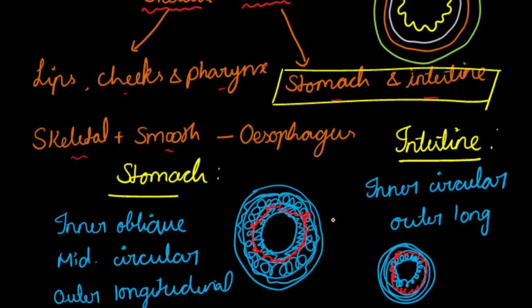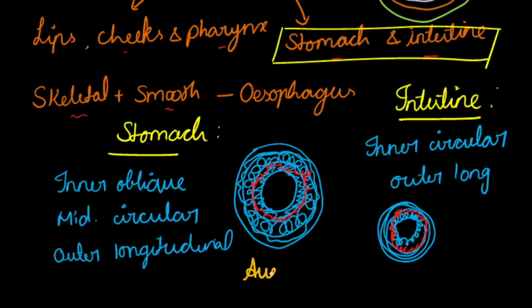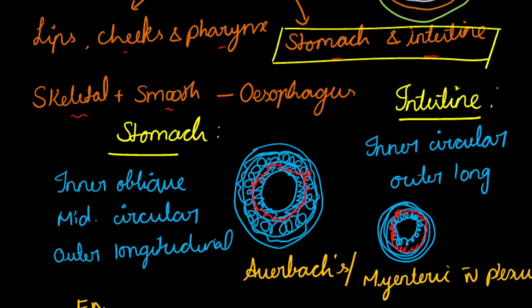So that nerve plexus which is contributing majorly to the intrinsic nervous system of the GIT is Auerbach's plexus or myenteric nerve plexus. As I had already told, the intrinsic nervous system or enteric nervous system is formed by Meissner's nerve plexus, which is present in the submucosal layer, and Auerbach's plexus, which is present in the muscular layer, and this forms the major thing.